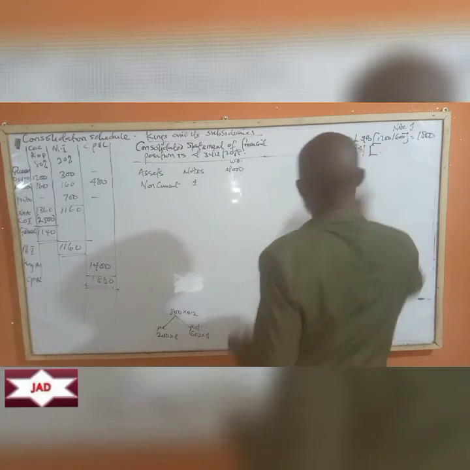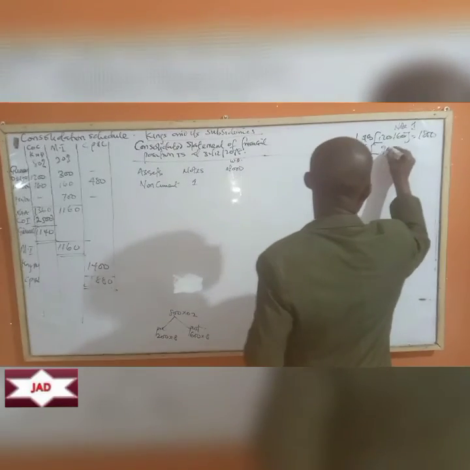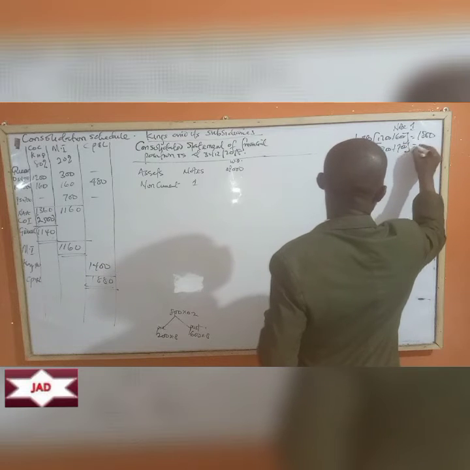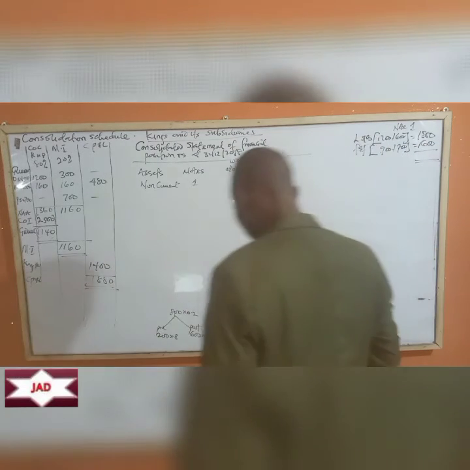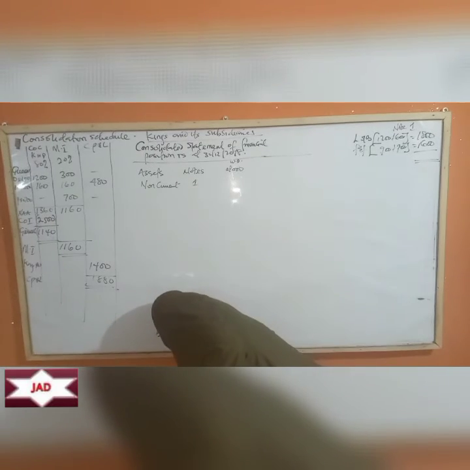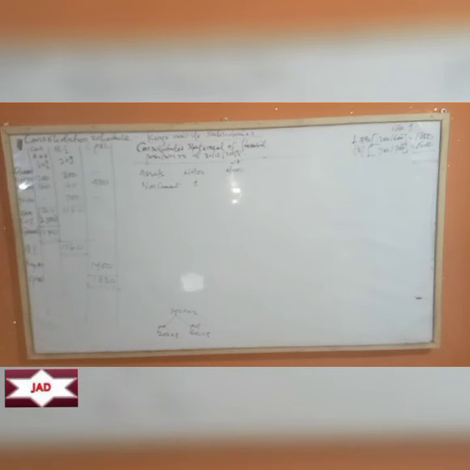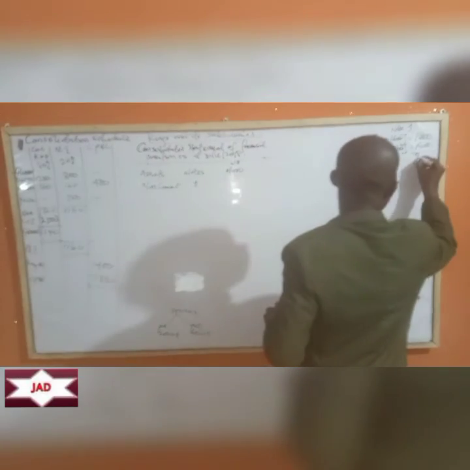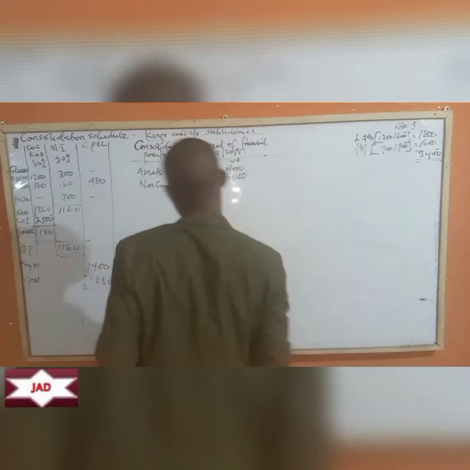Furniture and fittings, what do you have there? 900, 700. This is 1,600. So 1,800 plus 1,600, you have 3,400.